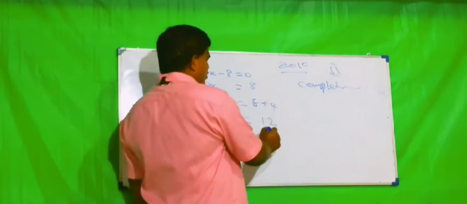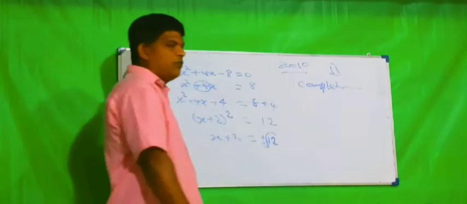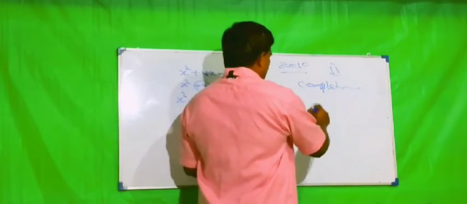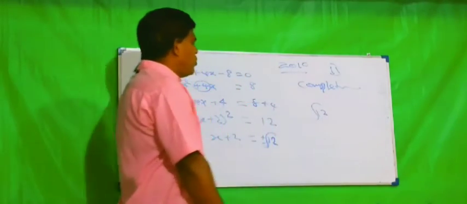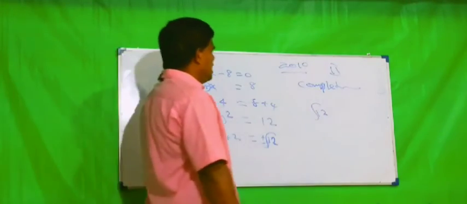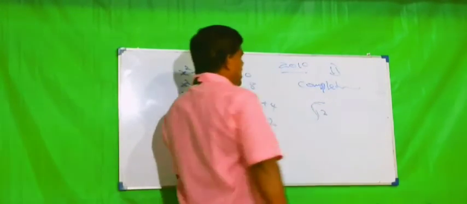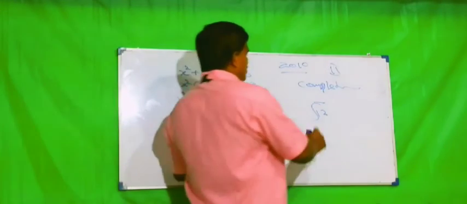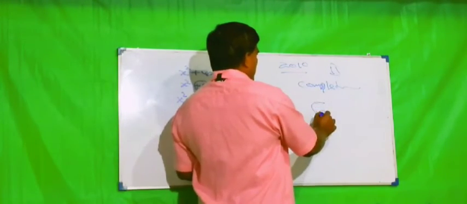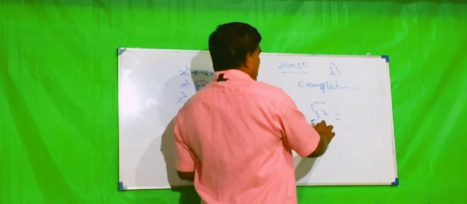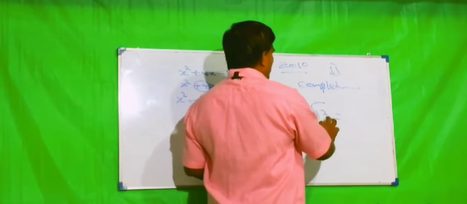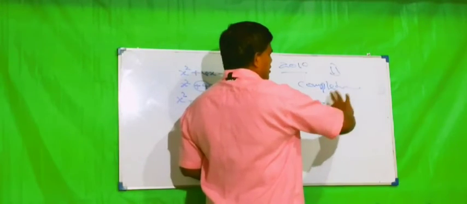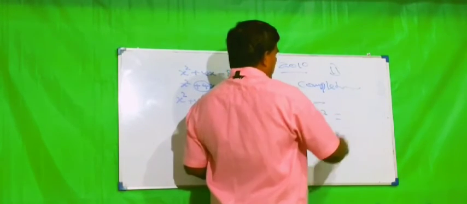Here the square root of 12 is called an entire surd, if you remember your first lesson clearly. This should be converted to a simple surd, because this is an entire surd.